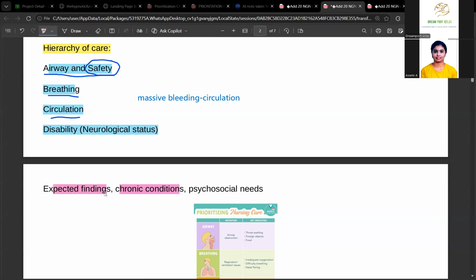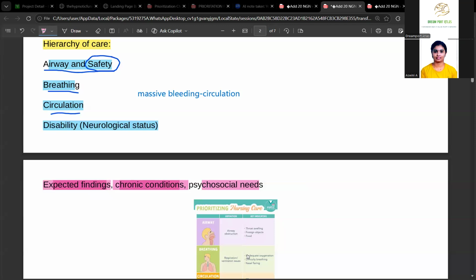While prioritizing care by symptom analysis, if the symptom is an expected finding, a chronic condition, or a psychosocial need, we can delay it. Compared with airway, breathing, circulation, and disability, expected findings, chronic conditions, and psychosocial needs are lower priority than ABCD.